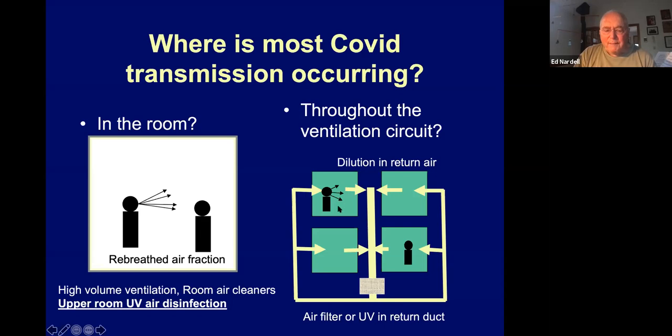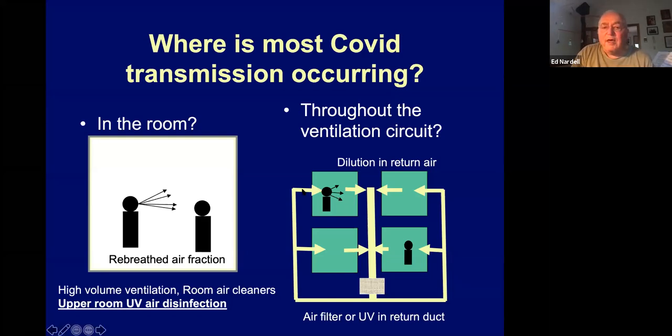What about what's happening in the room? Filtering the air after it leaves doesn't do anything to stop transmission in the room. And yet that's what a lot of HVAC engineers are recommending, is, put higher level filtration in your recirculation.